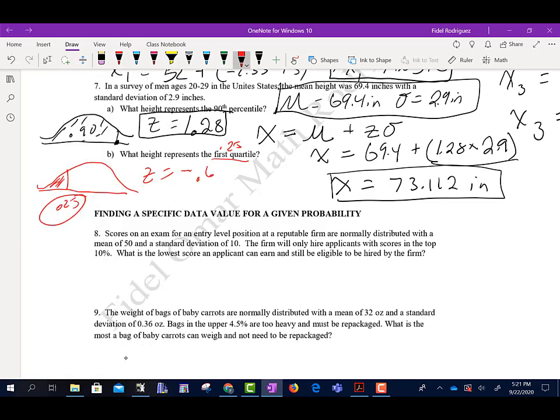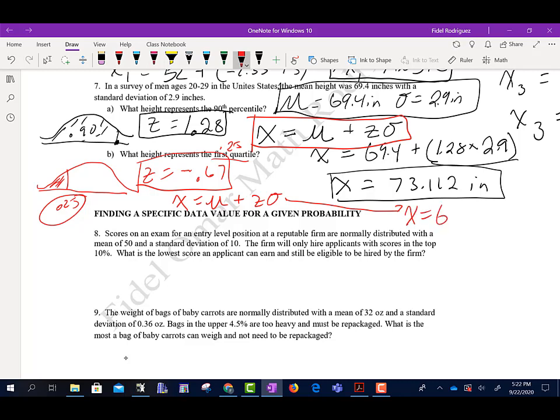So negative 0.67. Now, I'm going to use the same formula that I have right here. So I'm going to write it out. X equals mu plus z times sigma. And I'll write it over here because I'm running out of room. So X equals mu, which we said was 69.4, plus the z value, negative 0.67, times sigma, which was right here, 2.9.